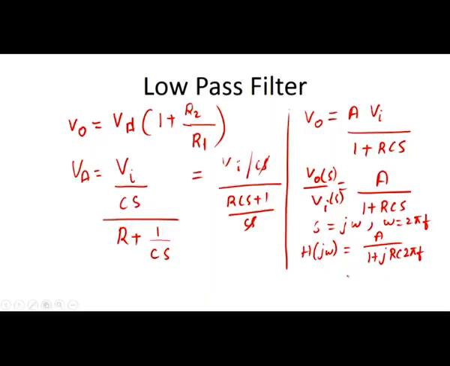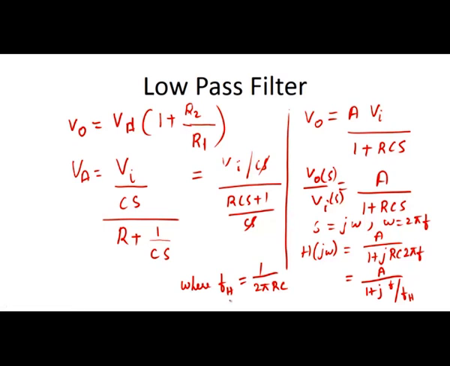So, this can be represented as A by 1 plus j, keep this f as such, the remaining values RC 2 pi, you can take this as fh. So, what is fh? Fh will be equal to 1 by 2 pi RC.